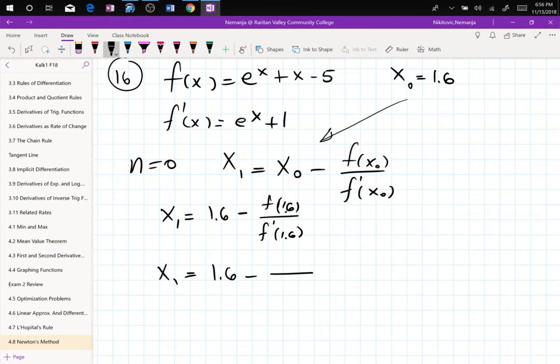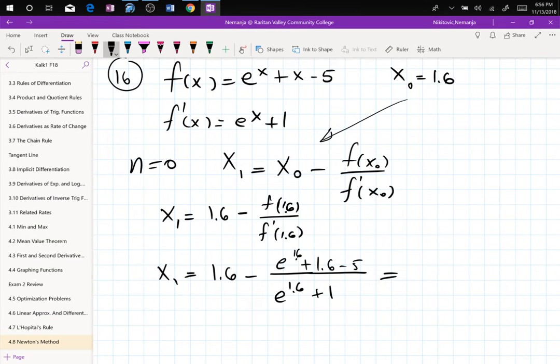So now we do the function computed, that's e to the 1.6 plus 1.6 minus 5, divided by the derivative, which is e to the 1.6 plus 1. As you can see, this is going to give you a new value.